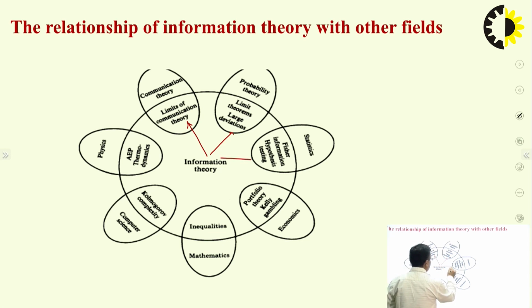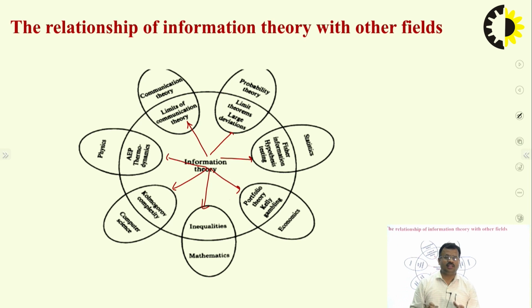It is also related with statistics, economics, mathematics, computer science, physics and so on. So, this is the interdisciplinary case. This information theory is related with all other technical and non-technical fields.